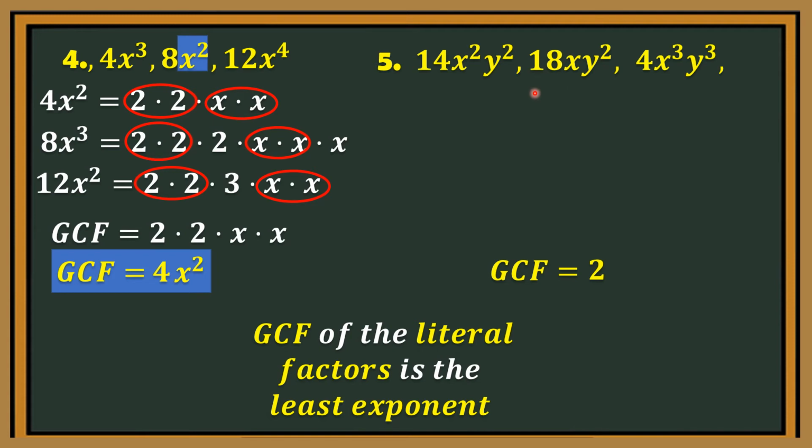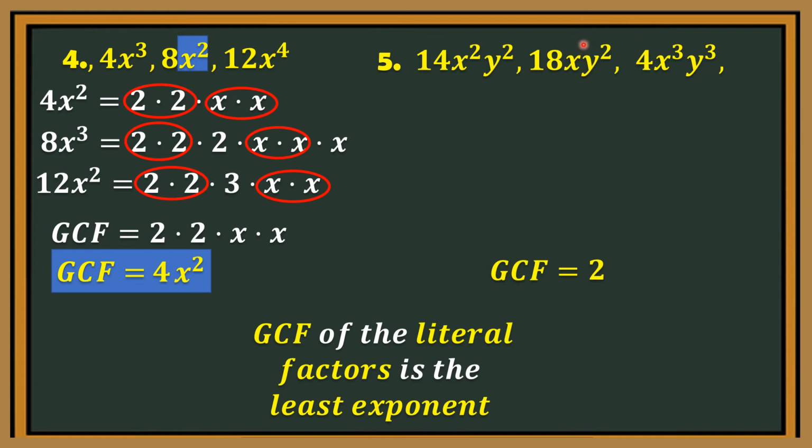How about x? Since x is common to each term, therefore, we can get the greatest common factor. Always remember, to get the greatest common factor of the literal factors is the least exponent. So, what is the least exponent of x? 1.